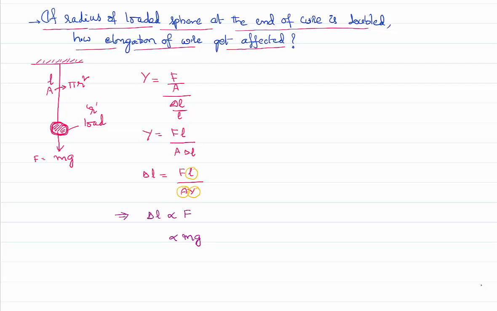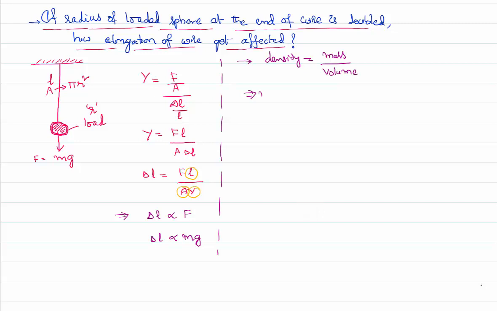But we don't know the mass of that sphere. Instead of the mass of the sphere, we know the radius of the sphere. So I would like to write the density of that sphere is mass of the sphere by volume of the sphere.